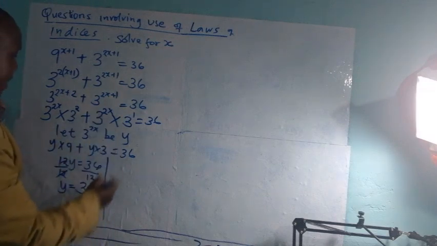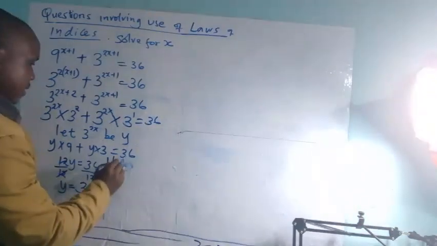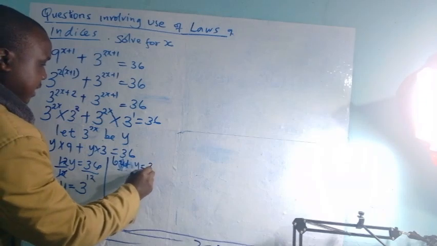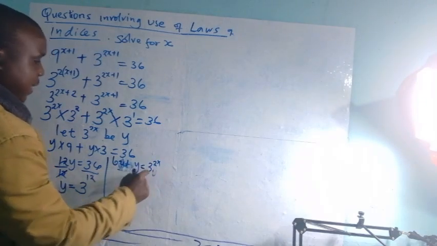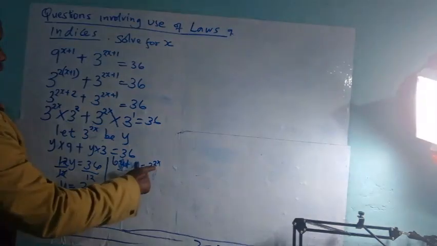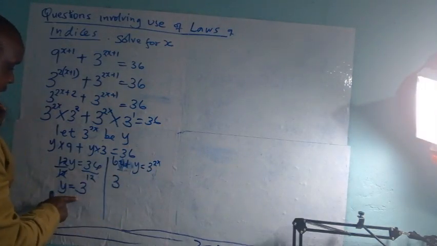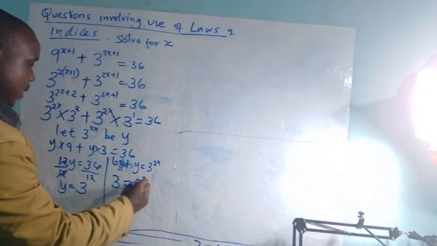Therefore, y is equal to 3 raised to the power 2x, so it means that this 3 here is equal to 3 to the x.